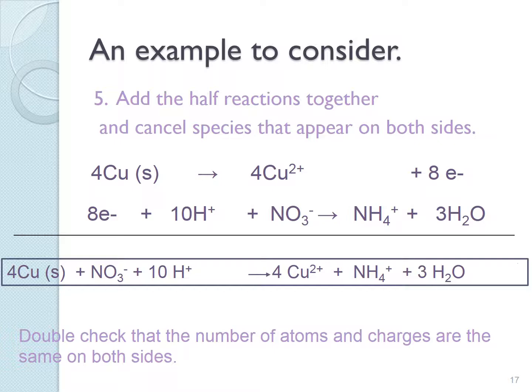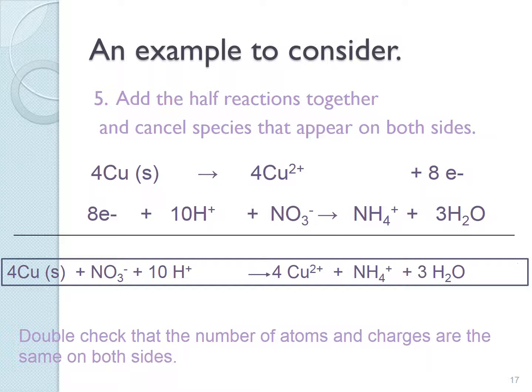Oh yeah, double check that the number of atoms and charges are the same on both sides, just to make sure that you've done it right. So we can do that. On the left-hand side, we have a total charge of -1 plus 10, so positive 9. On the right-hand side, we have 4 coppers. Each of those are a plus 2, so that's a plus 8, and then we have one more positive charge on the NH4 plus, so we have a total of plus 9 on the right-hand side.